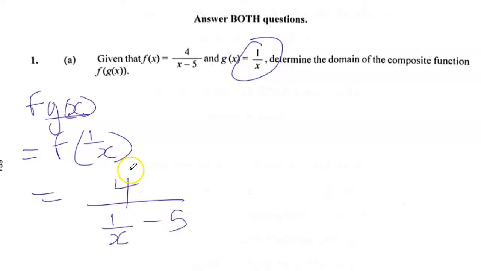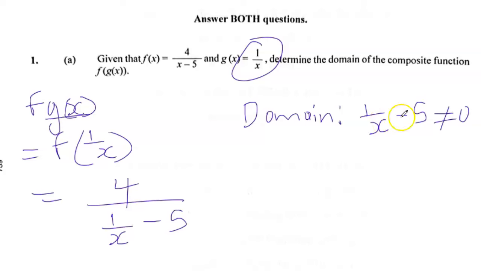Now notice we have what we call a rational function. So the domain. So now rational functions, notice we cannot divide by 0. Dividing by 0 would be undefined. So it means that 1 over x minus 5 cannot be 0. And if we want to transpose for the x, we'll end up with 1 over x.